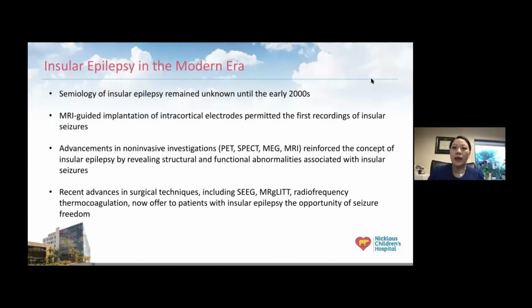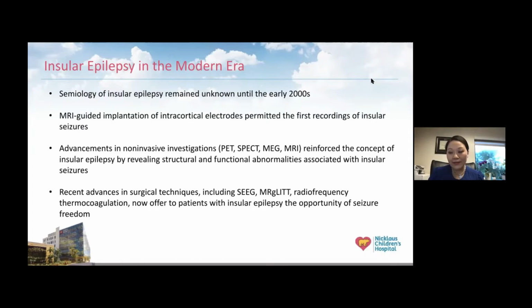In the early 2000s, insular epilepsy entered its modern era, where the semiology of insular epilepsy, which had remained unknown, became much better recognized because of our ability to use MR-guided implantation of intracortical electrodes that permitted the first recordings of insular seizures.